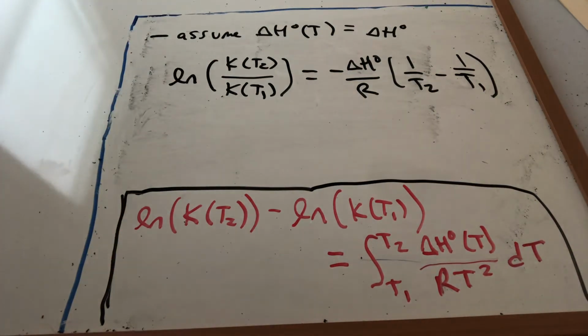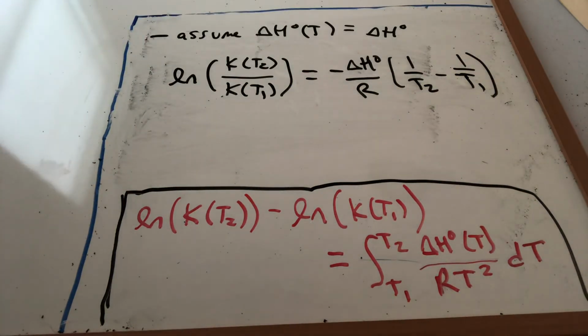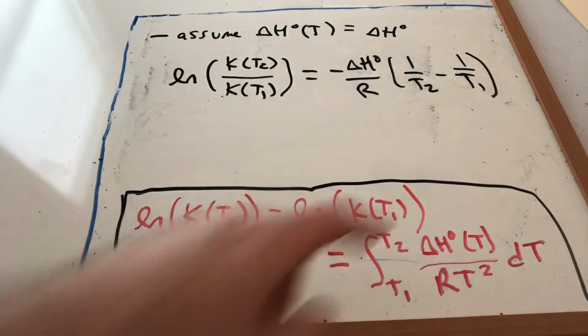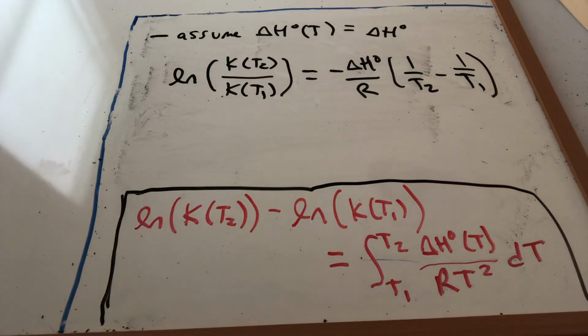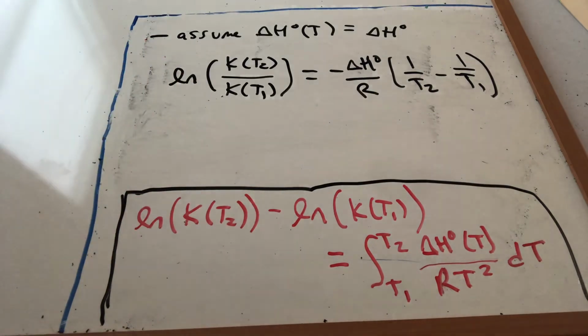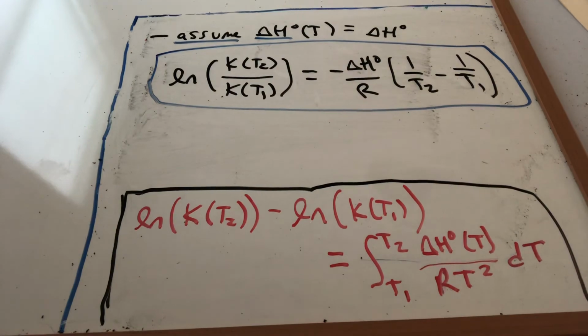But what I want to really point out is that this equation for the temperature dependence of K assumes that delta H is not a function of temperature over that range, just like your lab did. So again, some really important results. This is definitely a good equation to know, but as always, remember, this equation came from this assumption. So think about how you would use this equation.